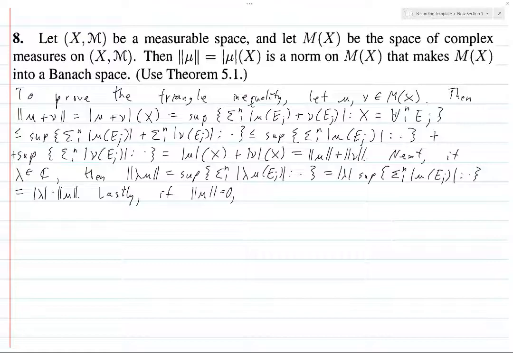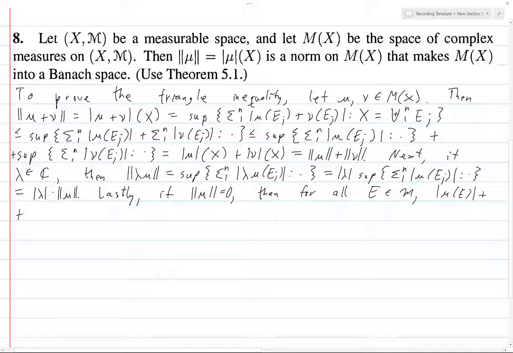So if this holds, then for all E in M, the absolute value of mu of E plus the absolute value of mu of E complement is less than or equal to the norm of mu, which is equal to 0, because that's just a particular element of the collection we're taking the supremum over.